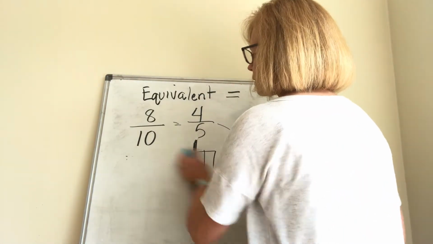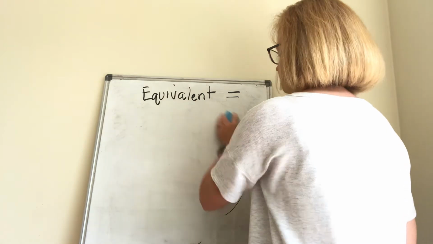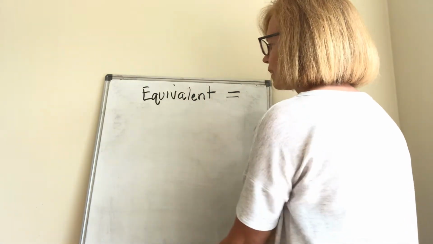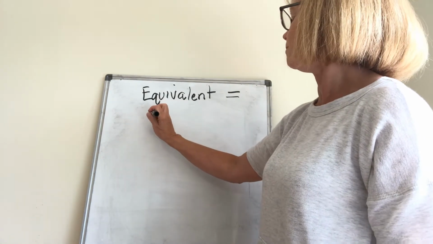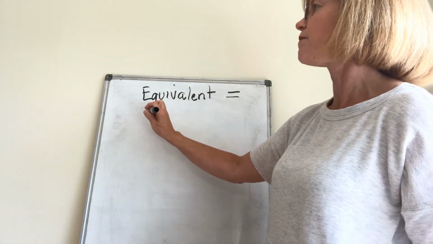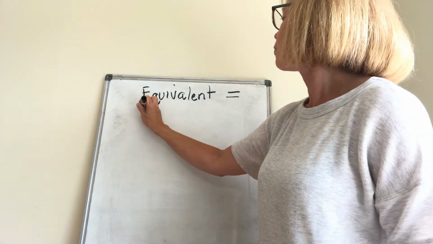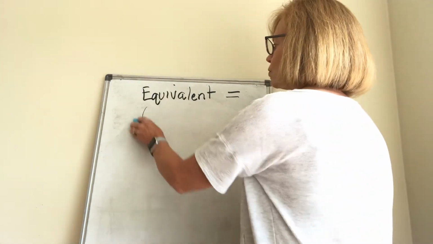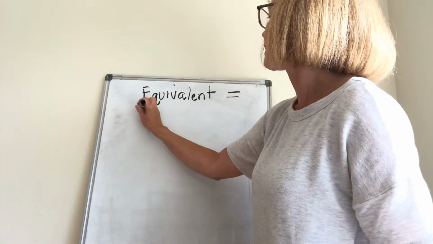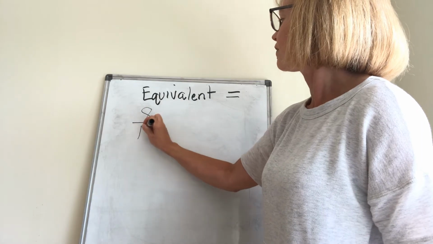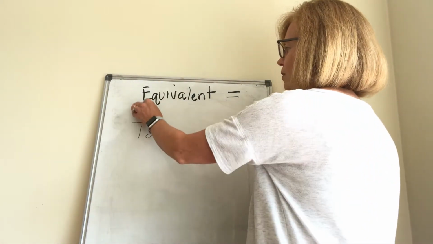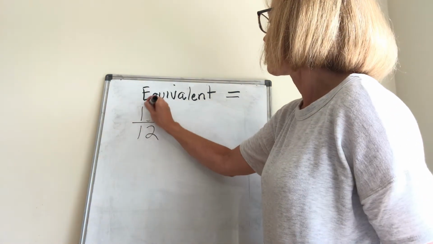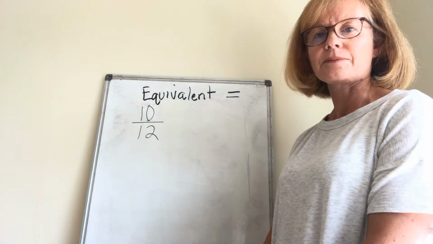Let's try another one here. Let's go back to our 12ths, and this time I'm going to come back to this 10/12, because I want to show you something about simplifying.